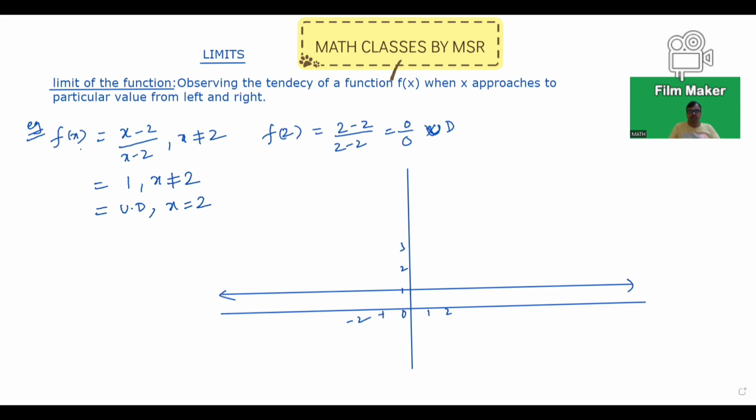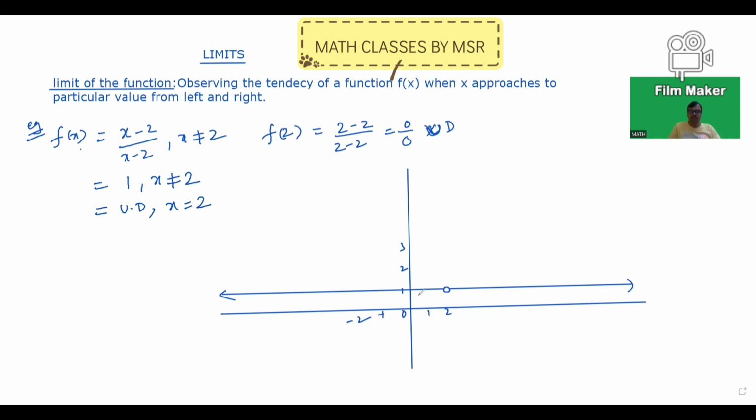So what we do is just some adjustment. Yes, we got it. Now you see, at x equal to 2, the value of the function is not defined.